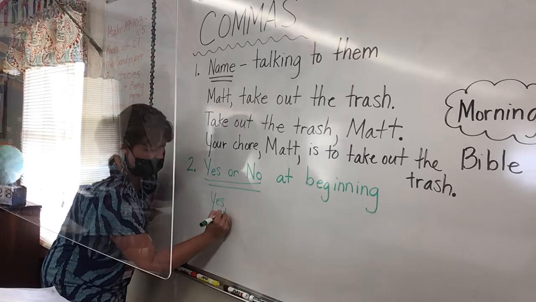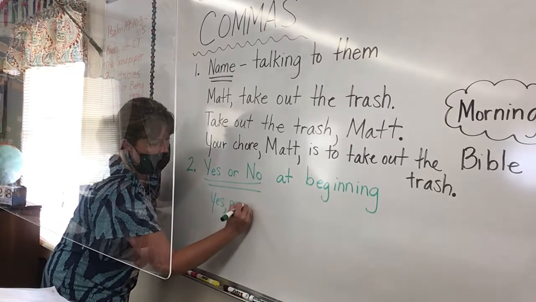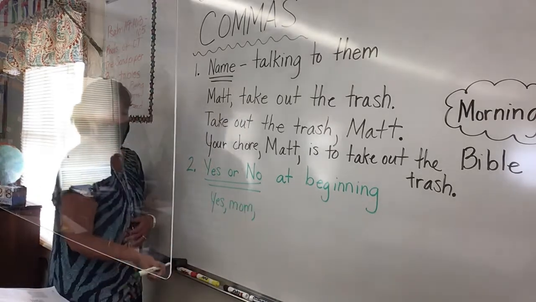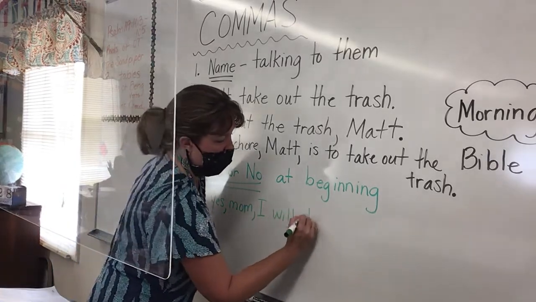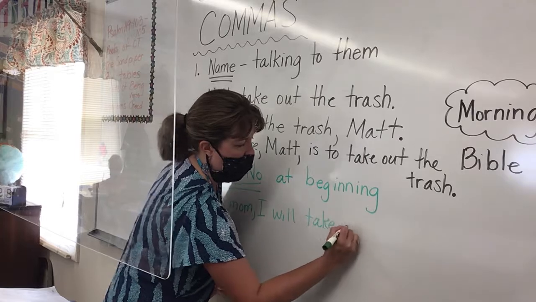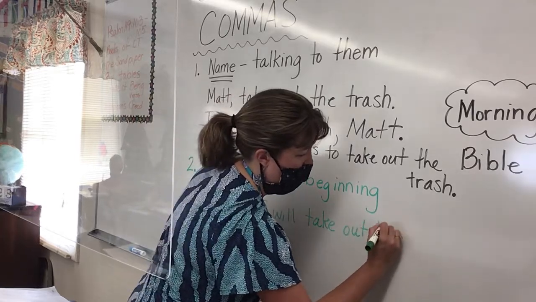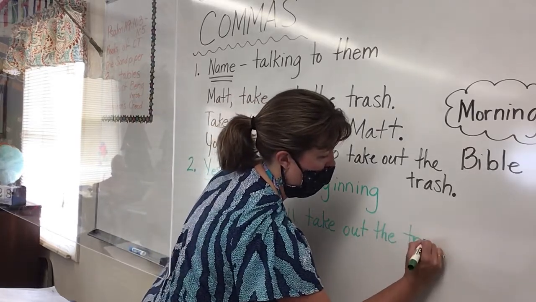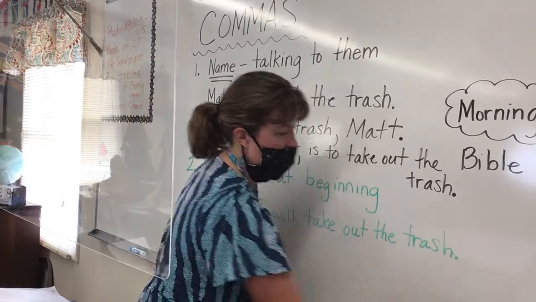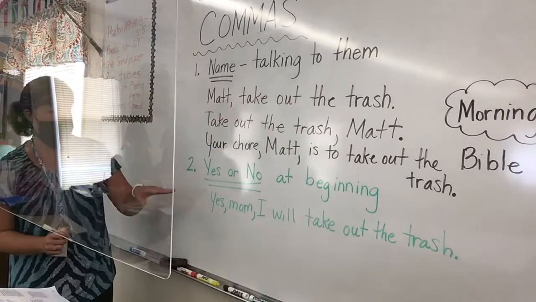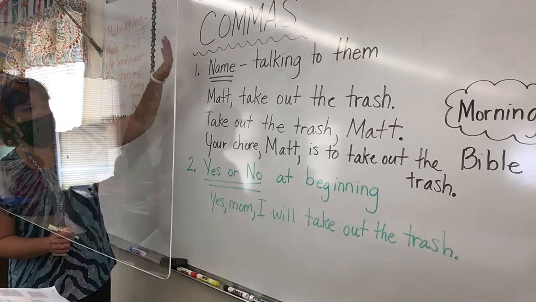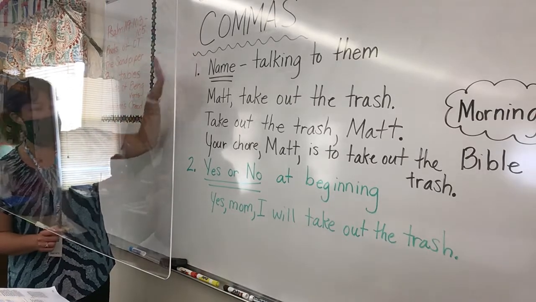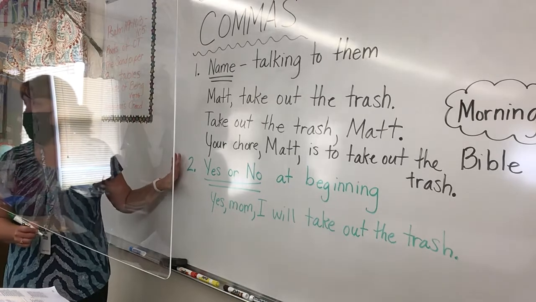Yes, comma, Mom, comma, I will take out the trash. So that was a good example because this example kind of answers both of these. So today we're just going to talk about names and yes or no in a sentence.